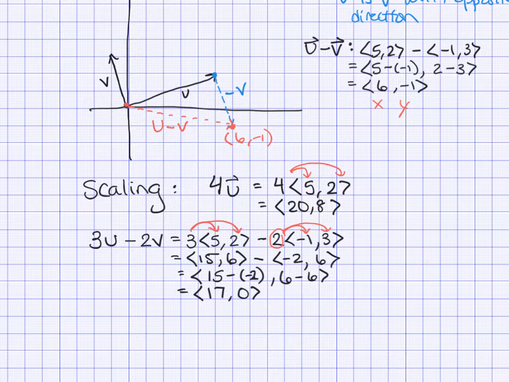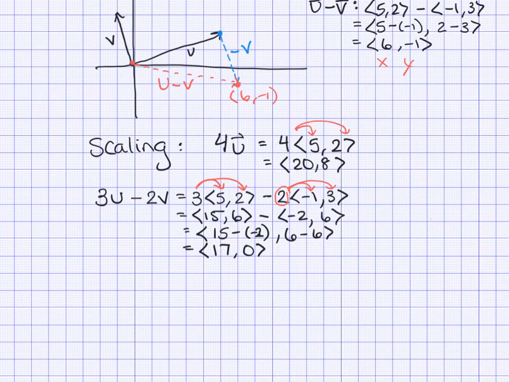So that's what it looks like when we are combining our adding, subtracting, and scaling. But what if I also wanted to ask for the magnitude? Because this is just a vector within itself, I can still ask for the magnitude of this. So if I asked, what is the magnitude or length of 3u minus 2v, I'm still just going to use my x and my y here.